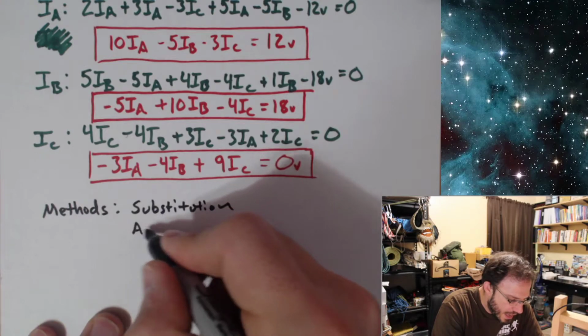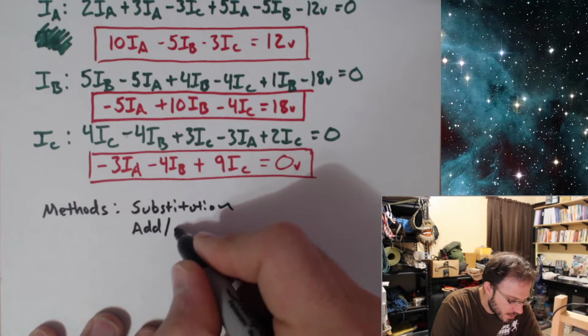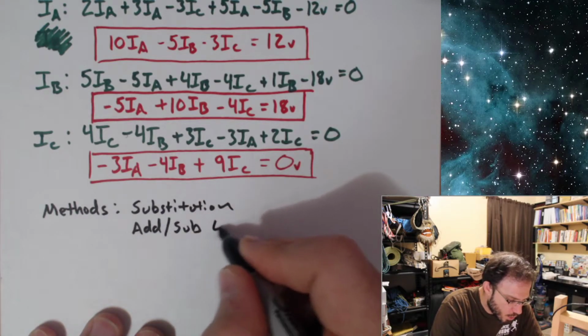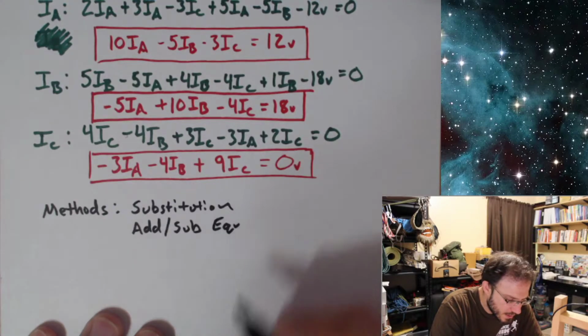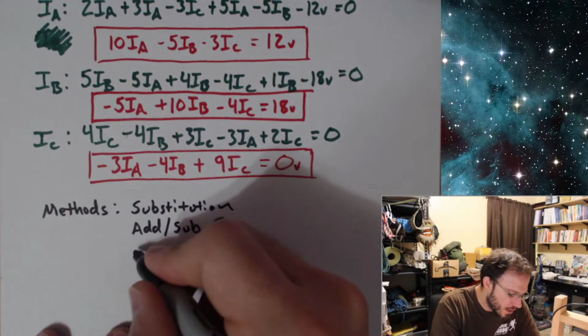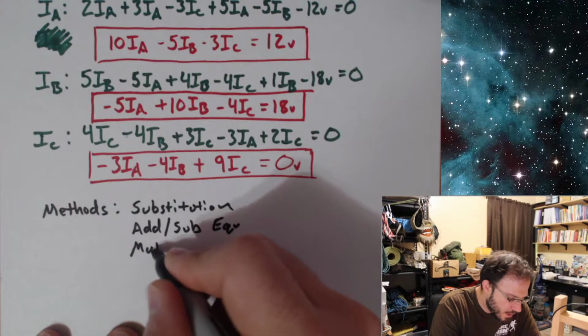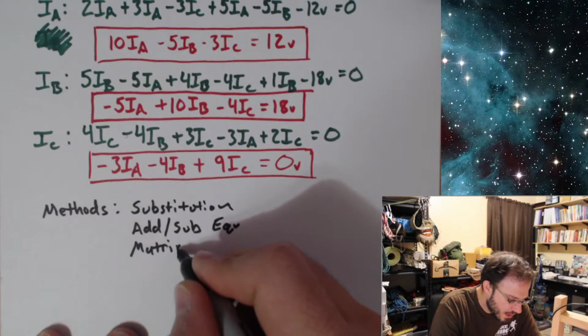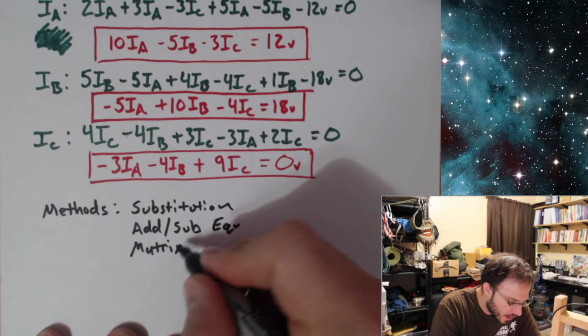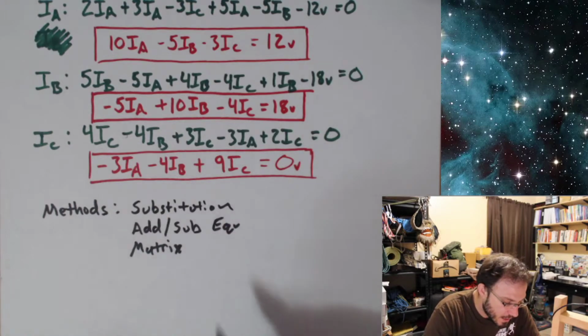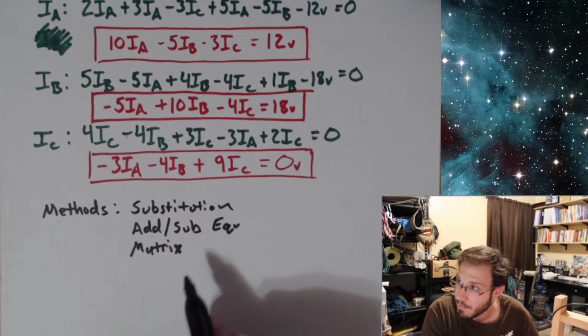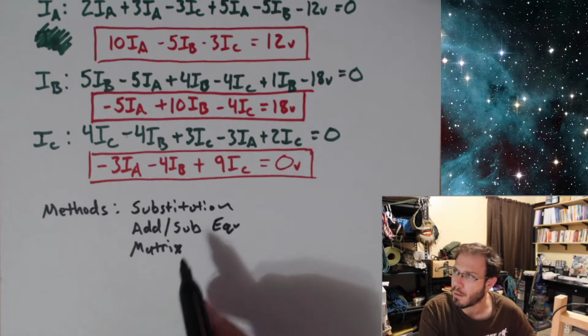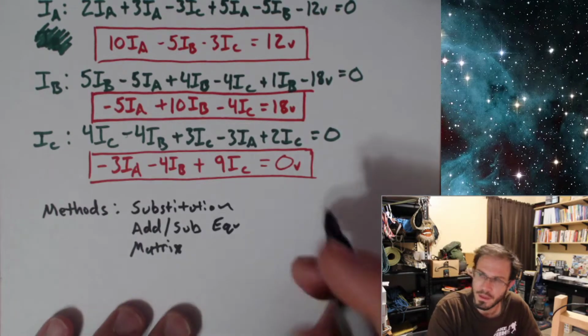We can add or subtract equations. That's another method. There's a matrix method to do this as well. I think the matrix method along with your calculator might be the least error prone and probably the best for an exam.